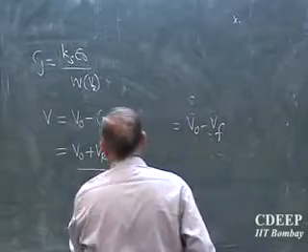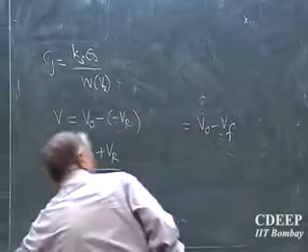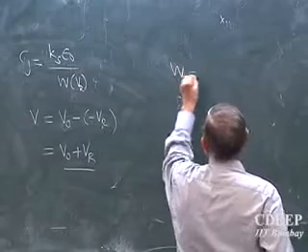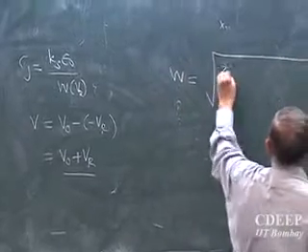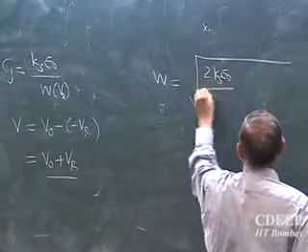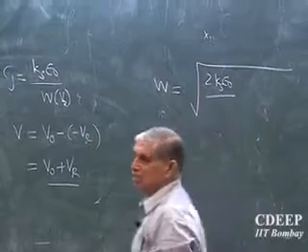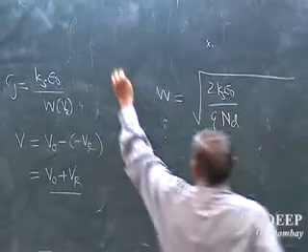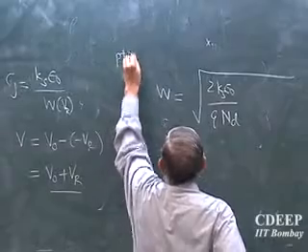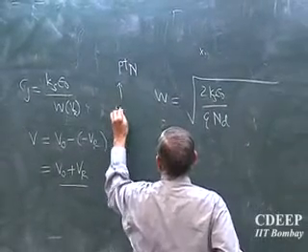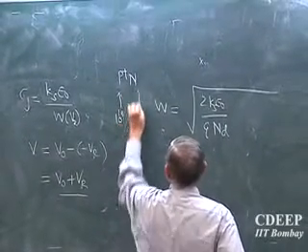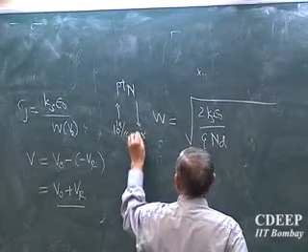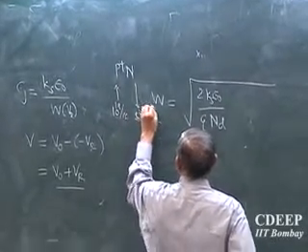If this is so, then I can evaluate W at a given value, which is twice Ks epsilon naught. Why? Let's say it is a P plus N junction as it is. So what value should I write here? Let us say this is 10 to the power 19 per cc and this is 5 into 10 to the power 15, dopings of that kind.